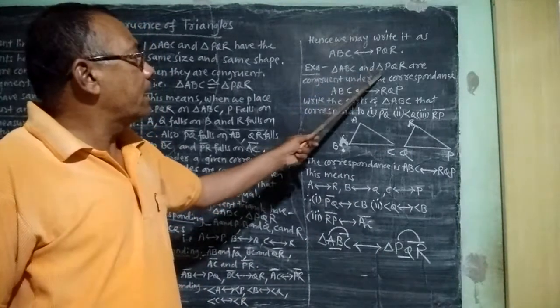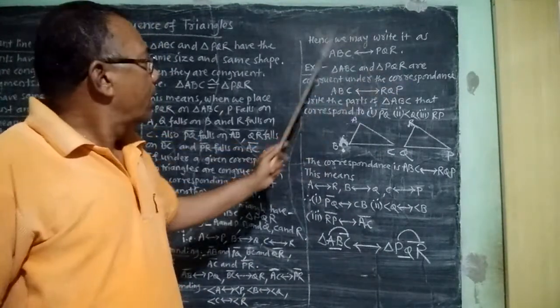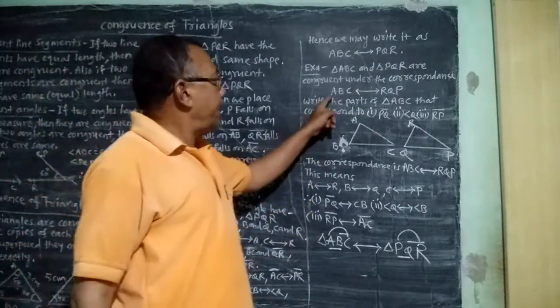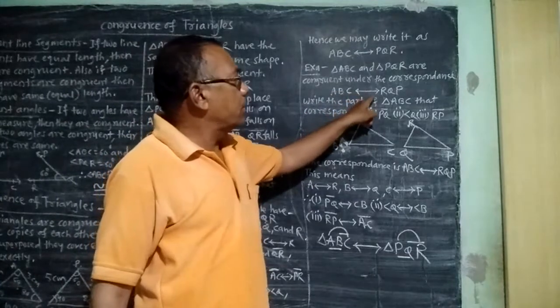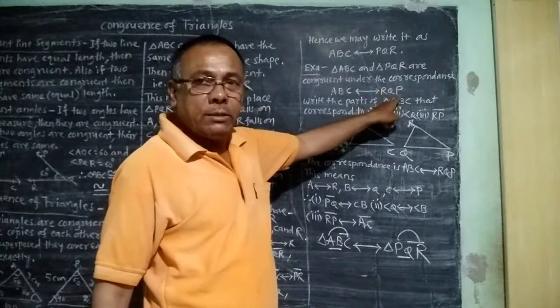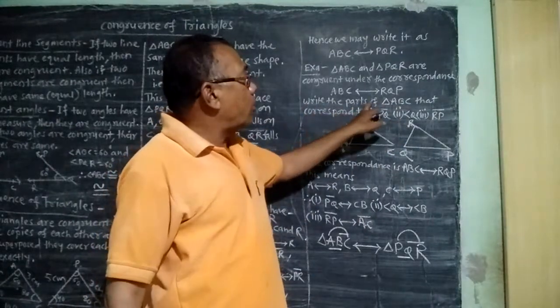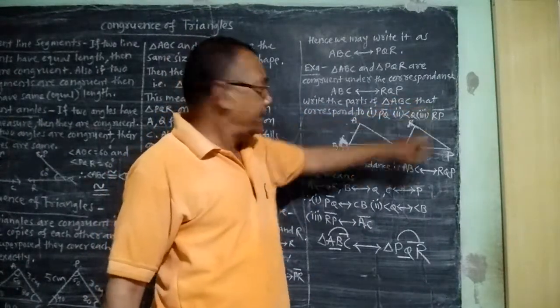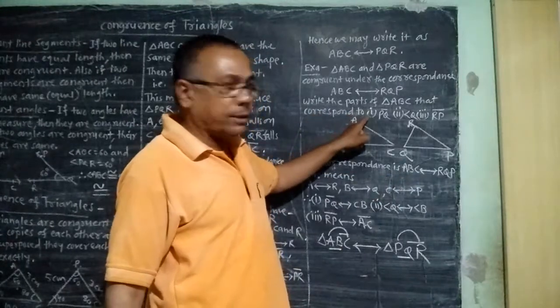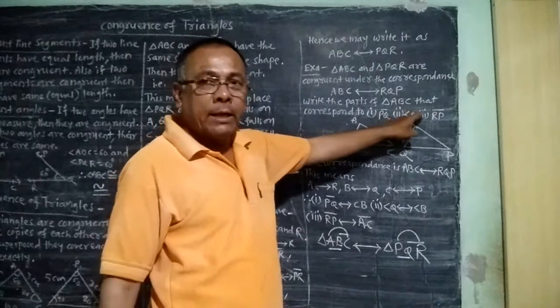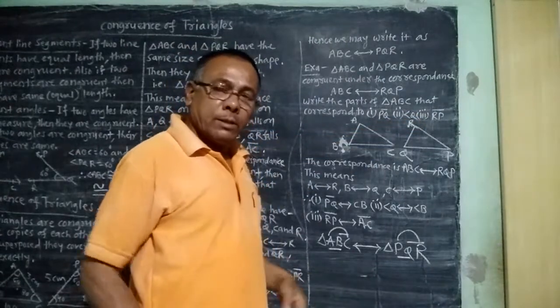Triangle ABC and triangle PQR are congruent under the correspondence ABC one-to-one correspondence RQP. Write the parts of triangle ABC that correspond to first, side PQ, second, angle Q, and third, side RP.